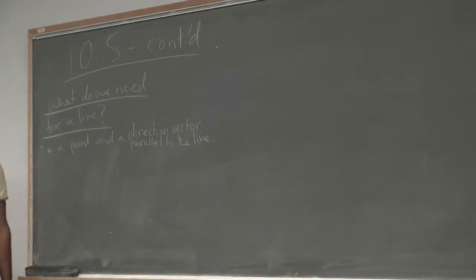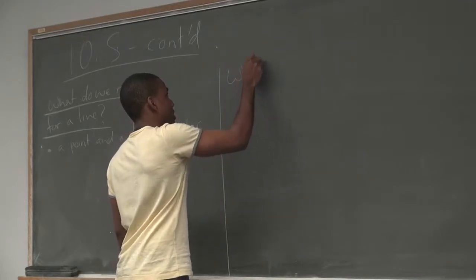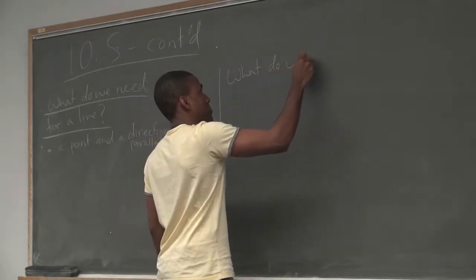Right? For a line, we need a point and a direction vector. What do we need for a plane? A point and a normal vector.